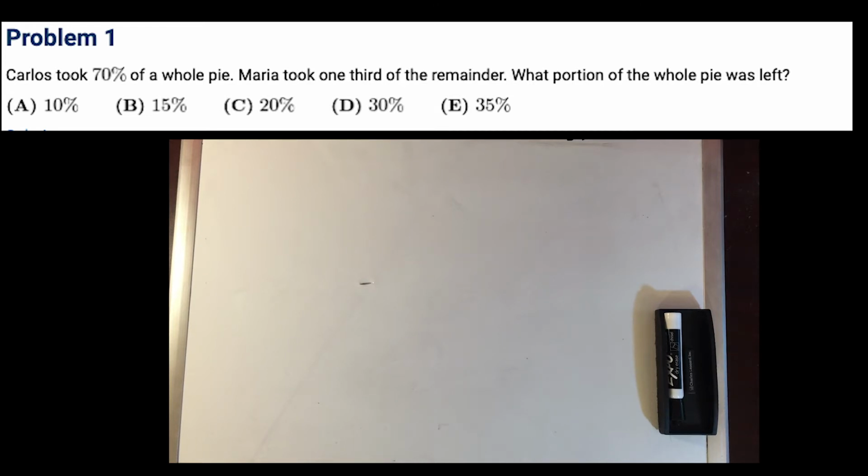Now, Maria is going to take 1/3 of this remainder portion, and we know that this remainder portion is 30% of the whole pie. So if she takes 1/3 of that, she's taking 10% of the whole pie. If Carlos takes 70% of the whole pie and Maria takes 10% of the whole pie, that means together they'll take 80% of the whole pie. That means there's going to be 20% of the whole pie remaining, and our answer is C.